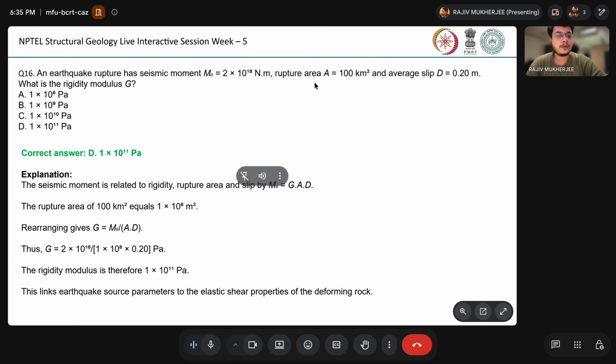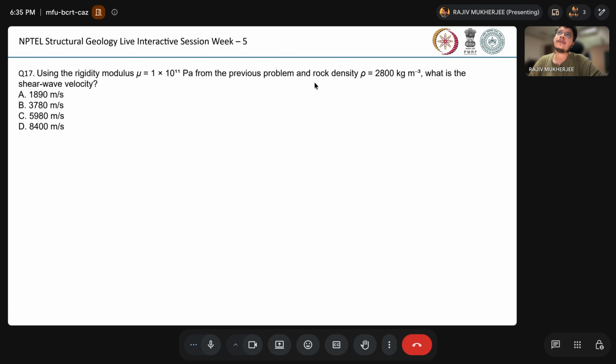Okay, so moving on to the next question. Using rigidity modulus, which can be termed as mu, or it can also be written as G, doesn't matter. We have a rigidity modulus of 10 to the power 11 pascals, given from the previous problem, and we have the density of the rock 2800 kilograms per meter cube.